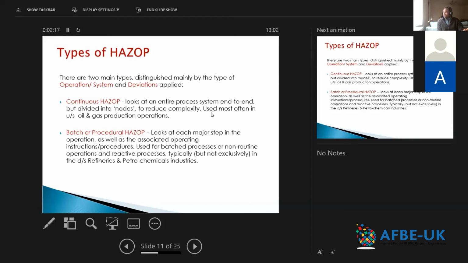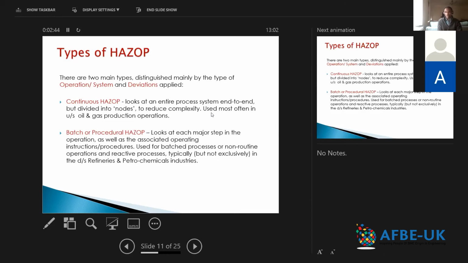Sometimes you use a procedural HAZOP as well. When you've done a lot of significant plant modifications, there are operating procedures and operating manuals applied to the plants that have been changed. Even though you might have done a HAZOP for your process system modifications as normal, you then possibly have to do another HAZOP.